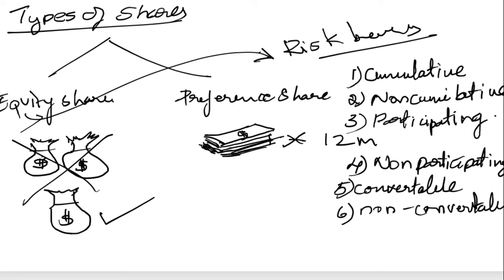Next we have to learn about equity shares. I have just given a brief on equity shares and preference shares. Equity shares are those which are not preference shares. Equity shares do not carry any preferential right.